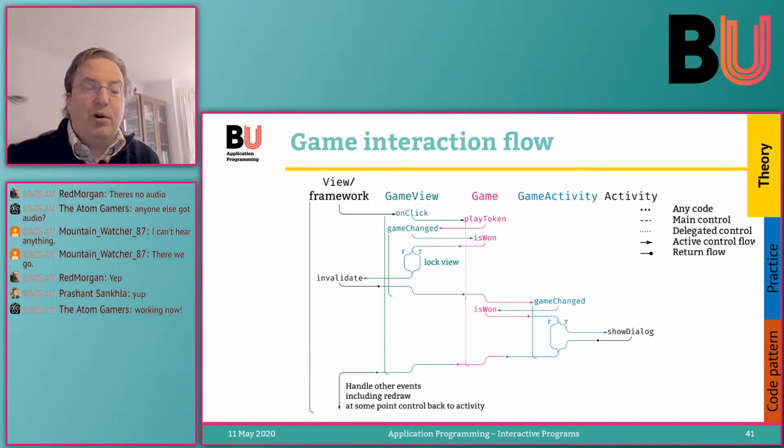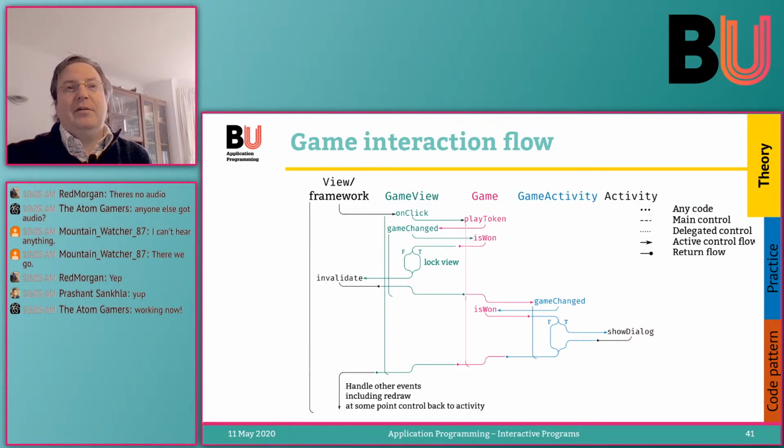What your game also does is handle the game change in your activity. Your game change activity may say, okay, has the game been won now? In that case, I am showing a congratulations dialogue, which is something you invoke on an activity, and it will cause a dialogue to be shown. But that will only happen after you've finished your onClick handler.